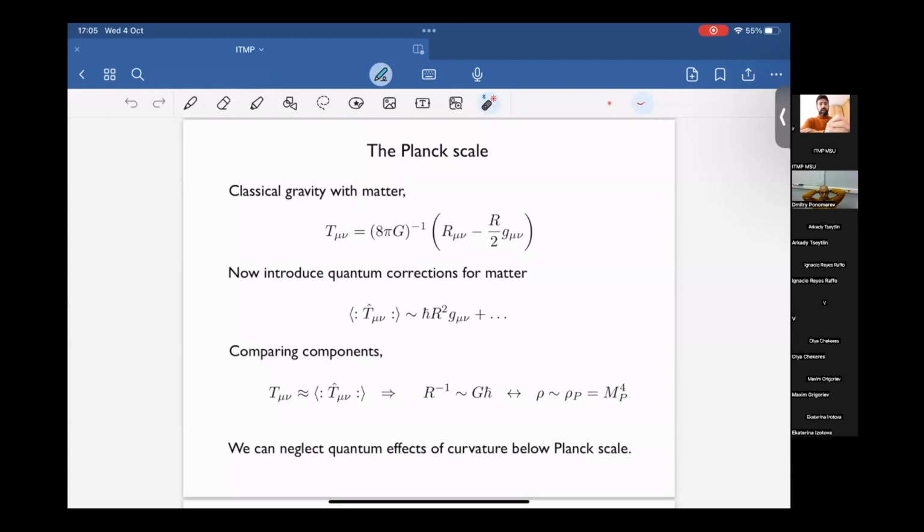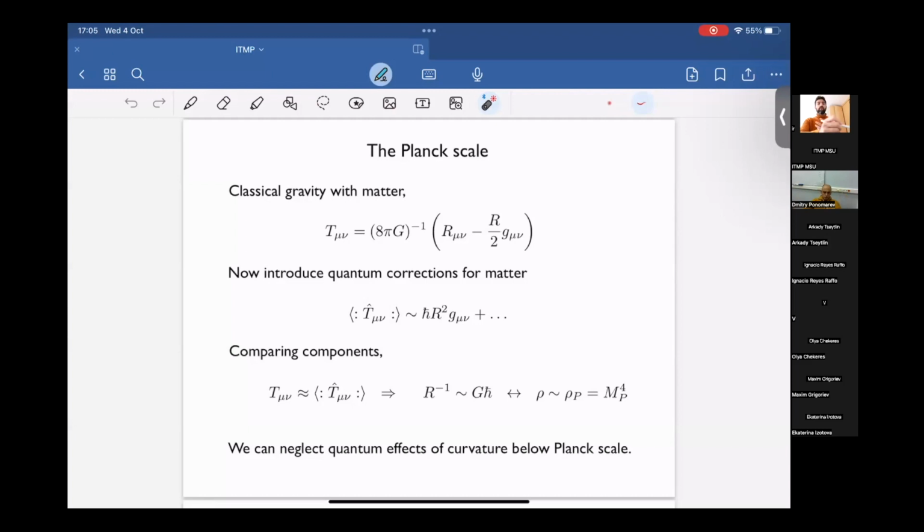If we ask when these two objects, component by component, become of the same order, the answer is that this can only happen when the inverse Ricci scalar, the curvature radius, is essentially of the order of the Planck scale. In other words, if the density of a fluid is of the order of the Planck density.